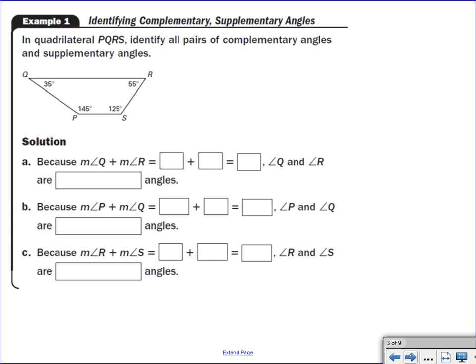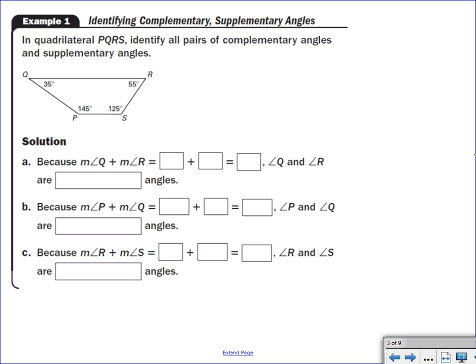Example number 1. In quadrilateral PQRS, identify all pairs of complementary angles and supplementary angles. So we are looking for angles that add together to give us 90 degrees for complementary or 180 degrees for supplementary.